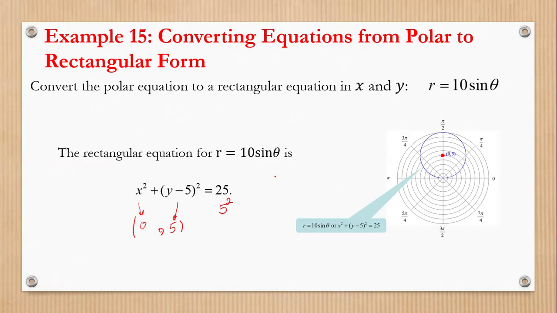So more information about the graph of circles, we always have x minus h squared plus y minus k squared, which is equal to r squared.